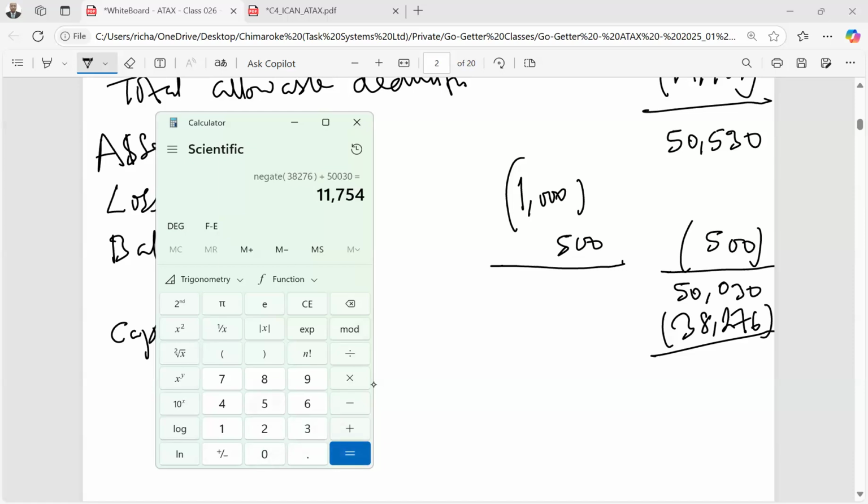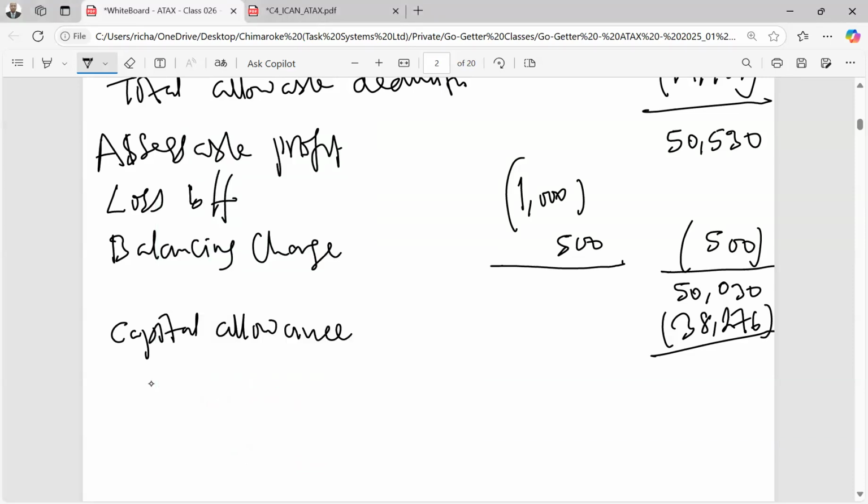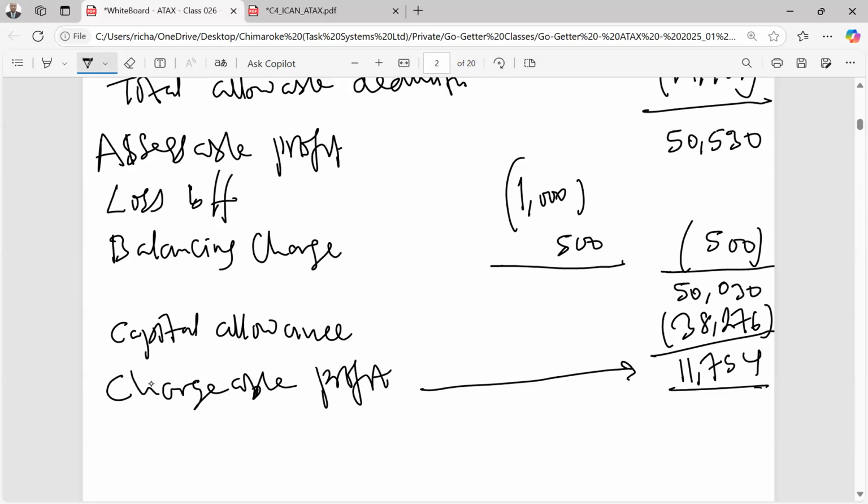That will give us 11,754. This is going to be our chargeable profits. So these are our chargeable profits.